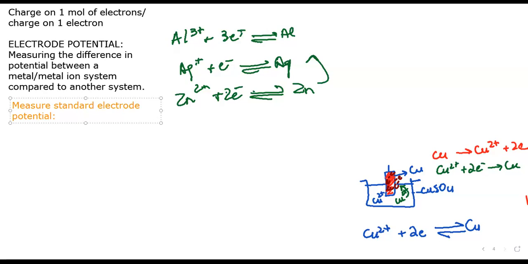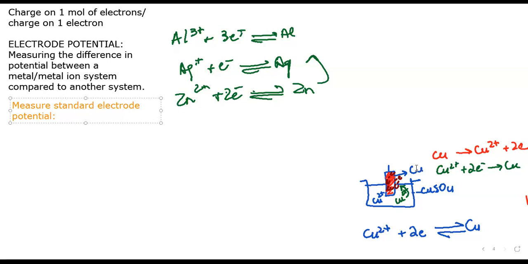Okay. So, when we talk about measuring the standard electrode potential, we have to talk about what a half cell is. A half cell is what I just explained to you.